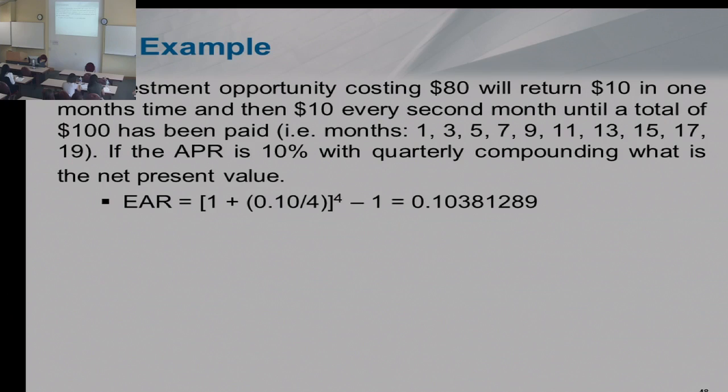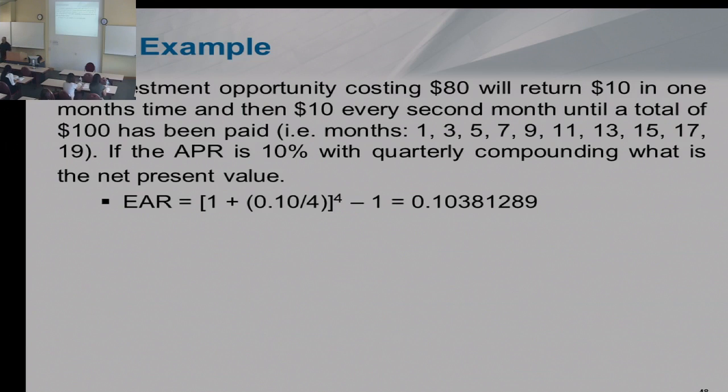So step 1, use the EAR formula: 1 plus the APR divided by K, quarterly compounding 4 times a year, to the power of K, minus 1. You keep that number in your calculator, because if you wrote it down as 0.1038, you'd end up with a slightly different answer to me because of rounding. I just do the whole thing in the calculator.